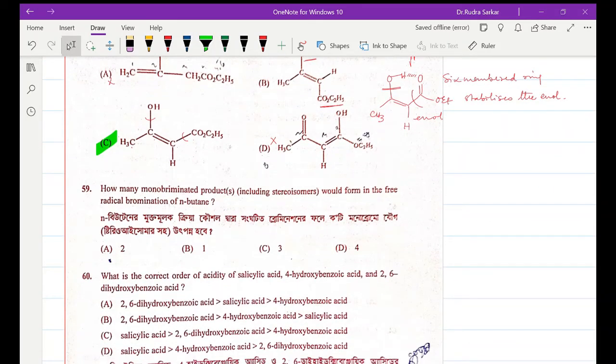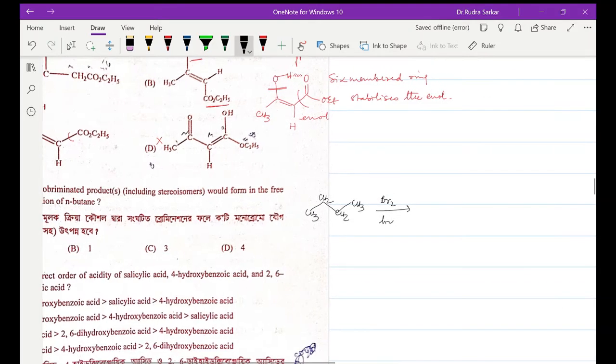How many brominated products, including stereoisomers, would be formed in the free radical bromination of n-butane? So n-butane we know is having this structure. Now, this is CH3, this is CH2, CH2, this is CH3. There are two types of hydrogen over here. Monobromination they are talking about. Obviously we can think of one that is like this.